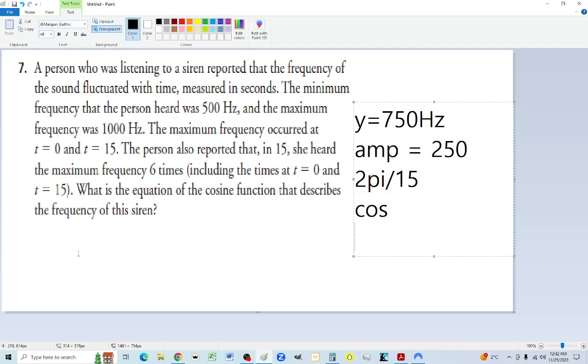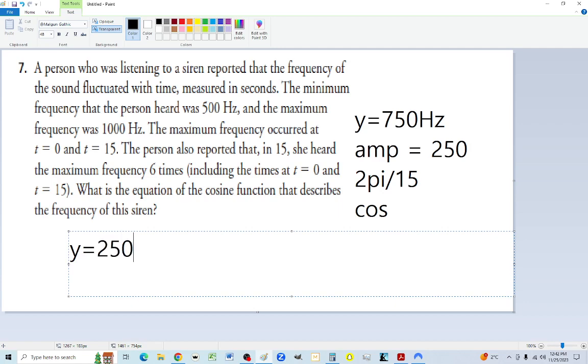So that means we're talking of this. Y is equal to 250 cos of 2 pi over 15 x, which should convert it to 15 seconds. Cos x, there's no horizontal translation, plus 750.